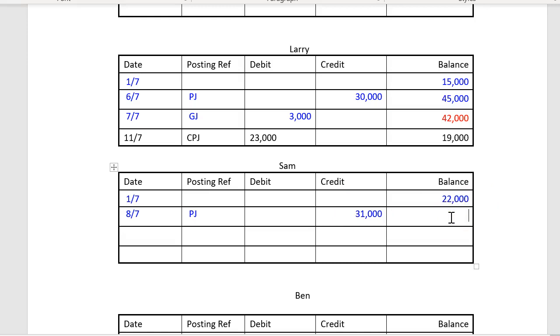That brings Sam's balance to 53. Did they make a cash payment to Sam? Yes, on 12th of July. CPJ, and they paid 29,000. That brings the balance to 24,000.